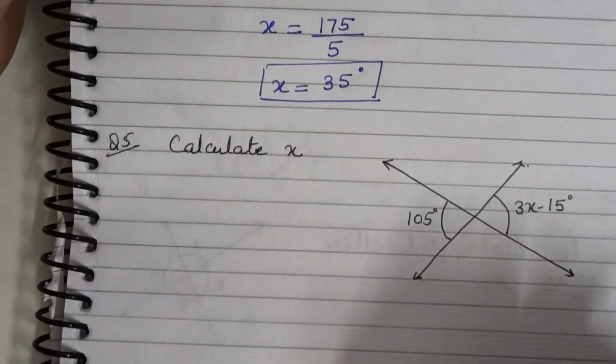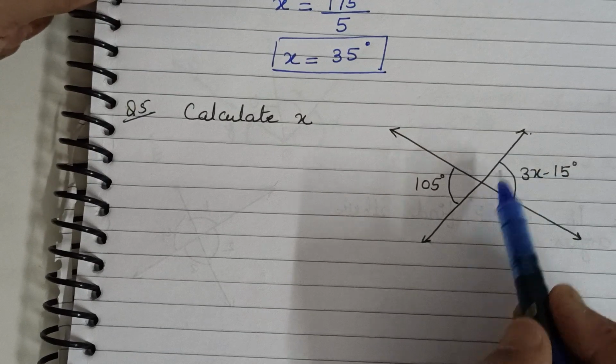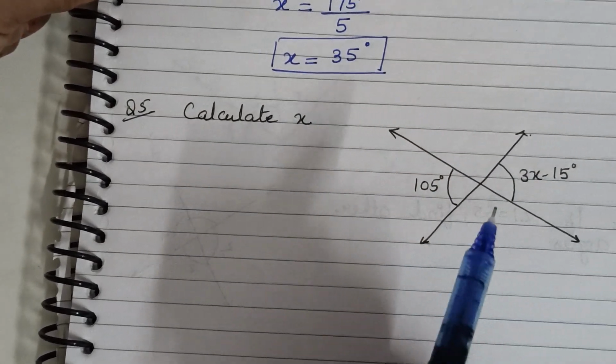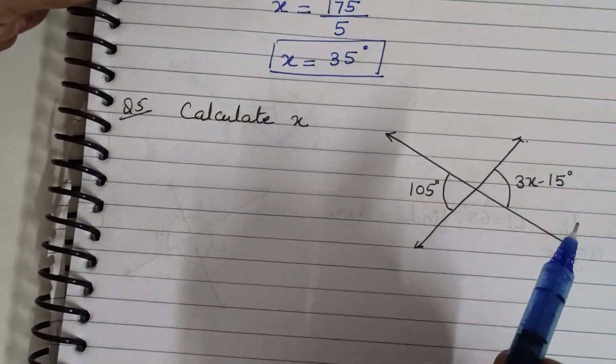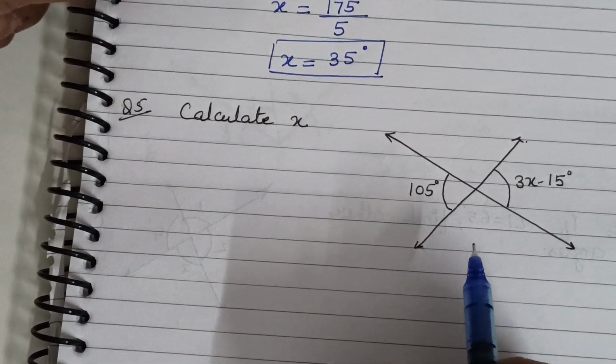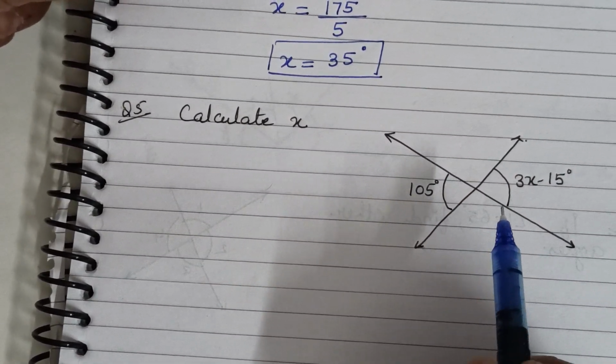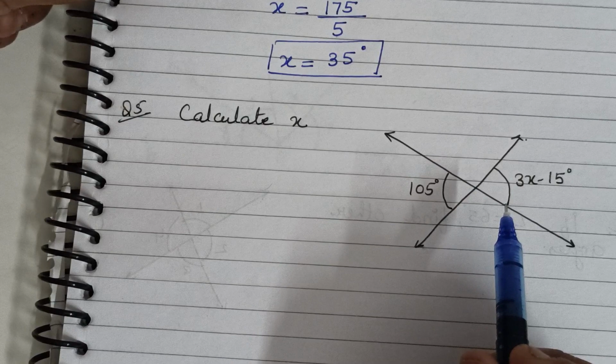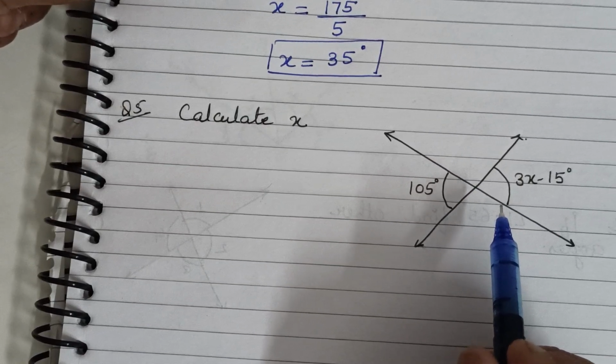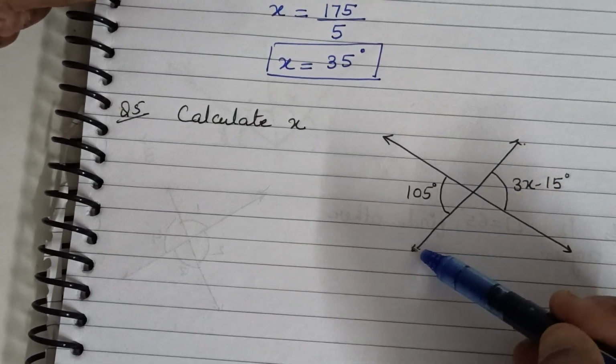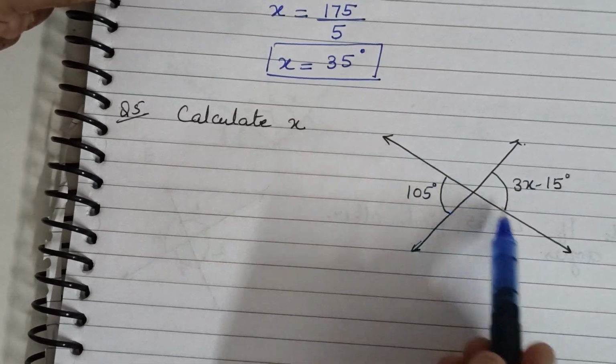Now here you can see, this is which shape? X. Now if you remember, in the first video of this angle pairs, I have explained one more type of angle pair, that is vertical opposite angle. These two lines are intersecting lines.